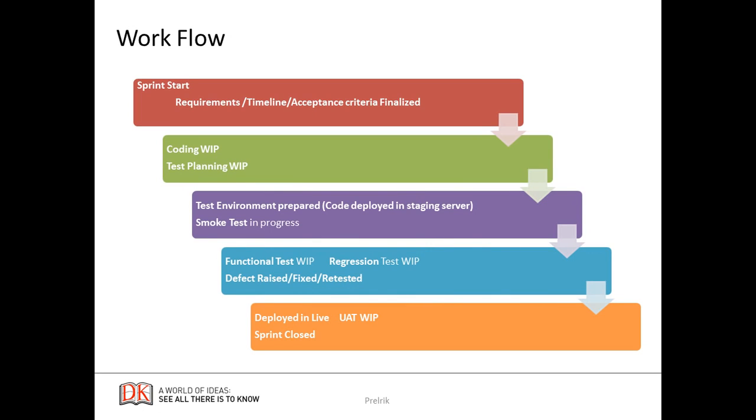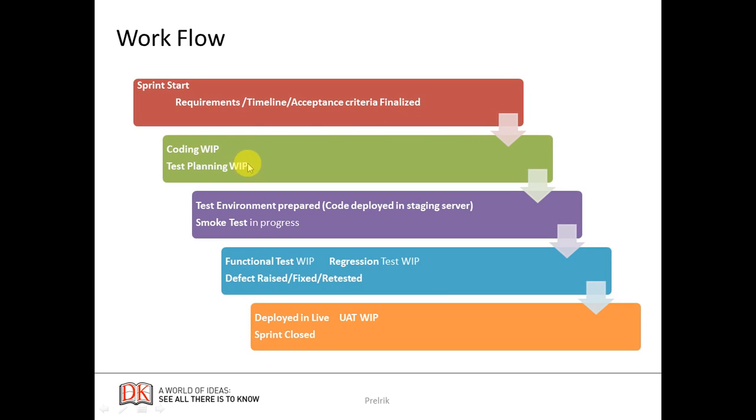Workflow, actually it's a workflow of Agile. I'll cover Agile in a separate video, so I'll just explain it quickly. At sprint start in Agile, the team fixes a sprint for 1 week, 2 weeks, 3 weeks or 4 weeks, and they fix the requirements, timeline and acceptance criteria for that sprint.